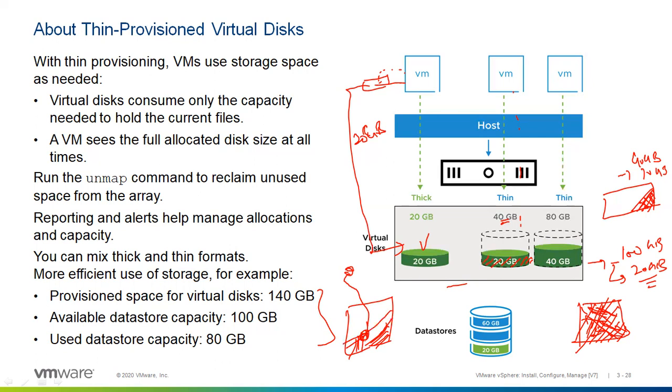But once it gets full, for example, I consume 40 GB out of 40 GB, then I delete 10 GB of data from this, my format is already available. Next time onwards, if I write something here, it doesn't need to zero out the space, and it will give you equal performance like your thick provision.